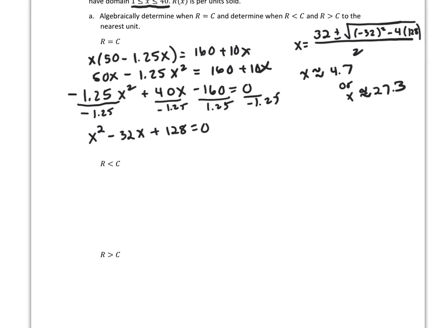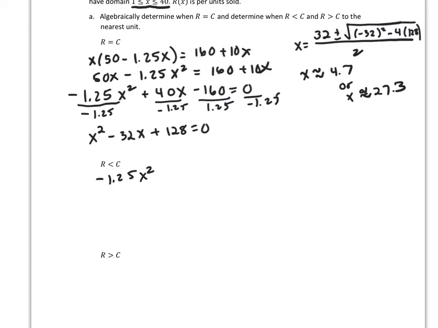All right, where is R less than C? Well, R, I'm going to go ahead and distribute that x through there, is negative 1.25x squared plus 50x, less than cost, which is 160 plus 10x.